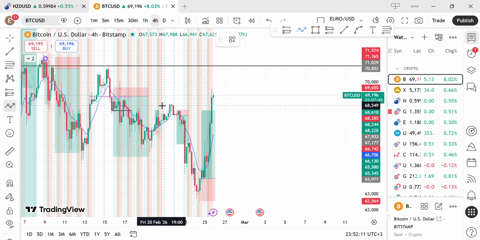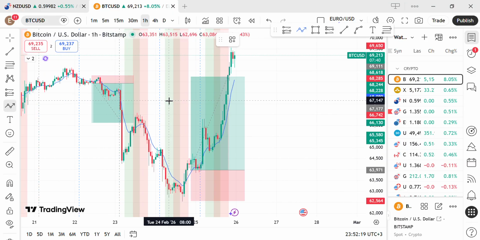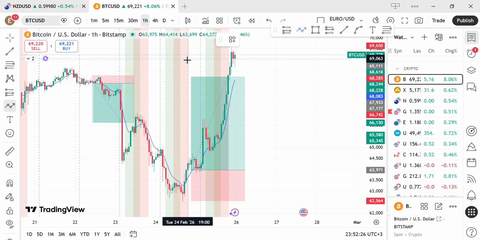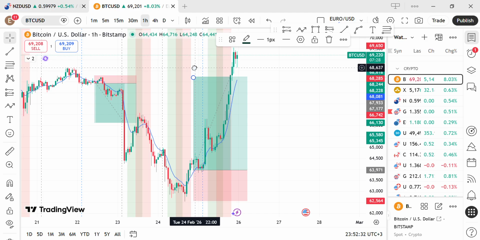It has broken, but it's already broken also here and here. But so in the 4 hour, in the 1 hour, see, broke, broke, broke, bought, buy till here, TP taken. TP hit, but the market has bought all the way.